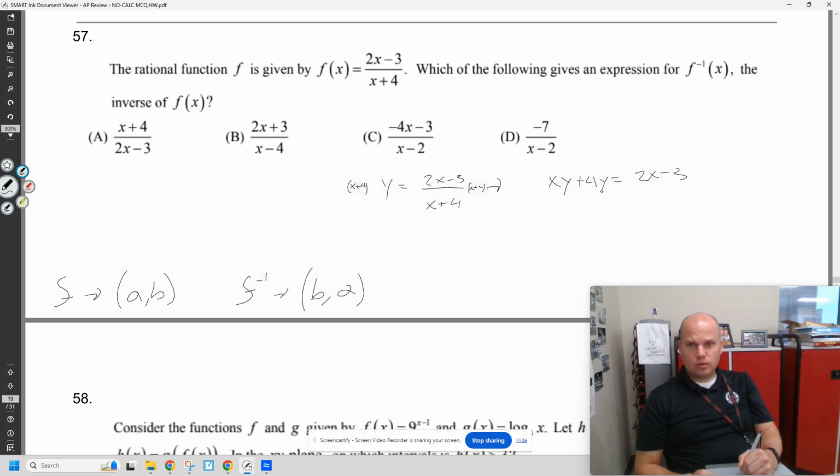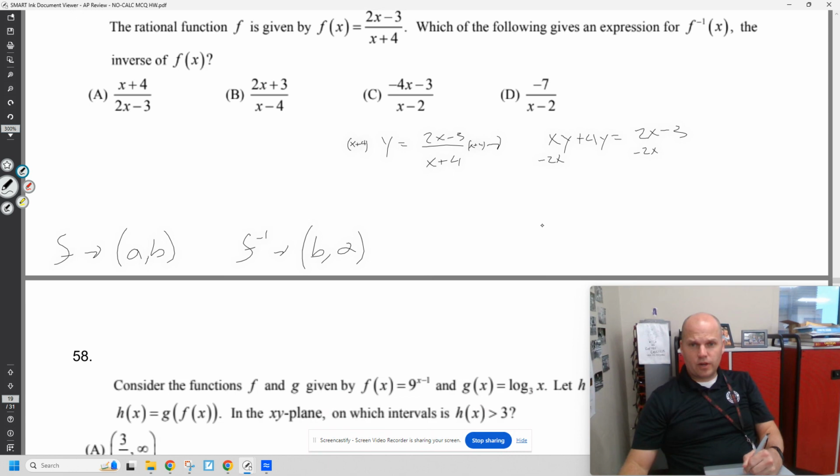Now I want to solve for x. So I'm going to subtract the 2x from this side. And when I subtract the 2x, I'll get y times x minus 2x, or negative x.